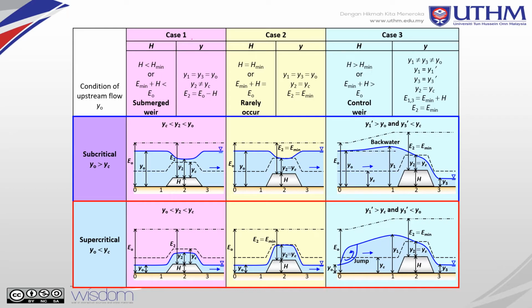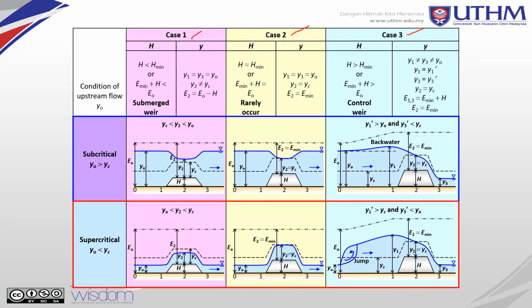With the condition of upstream Y0, H, and Y, using H and H minimum and E minimum, you can know that case 1 is a submerged weir, and case 2 and case 3 are control weirs.